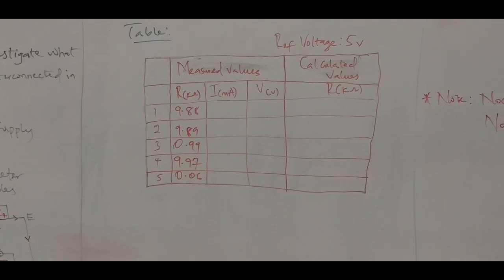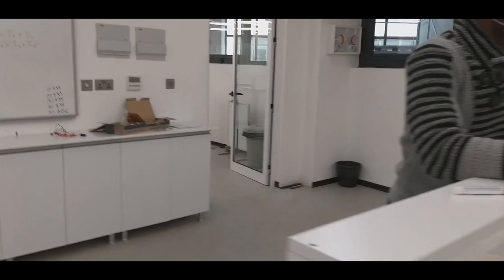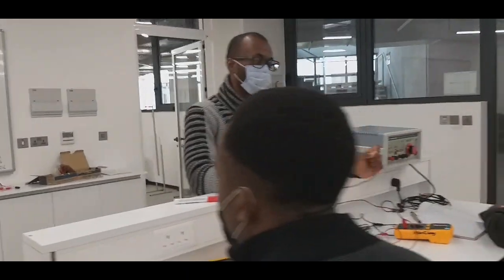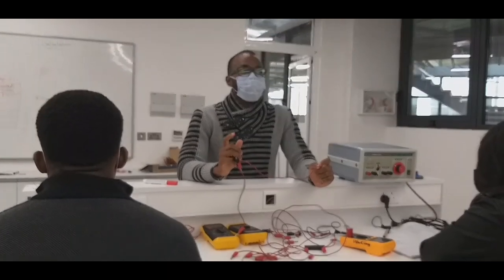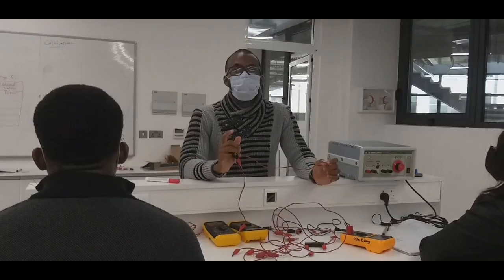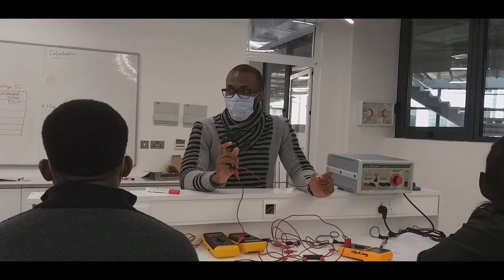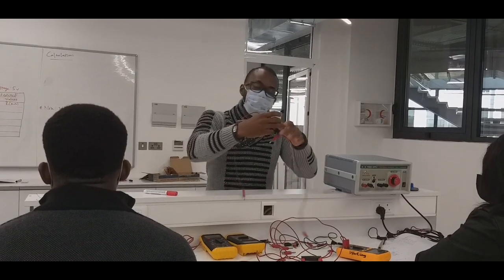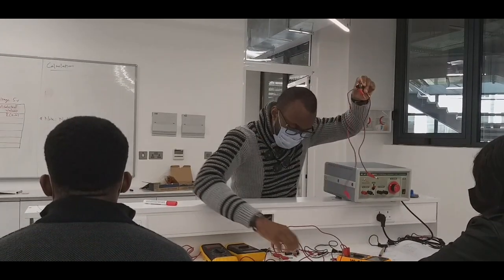According to your circuit diagram, one end of R1 is connected to the positive terminal of the power supply, right? Good. Now, another end of R1 is connected to which resistor? R4 and R3. Very good.